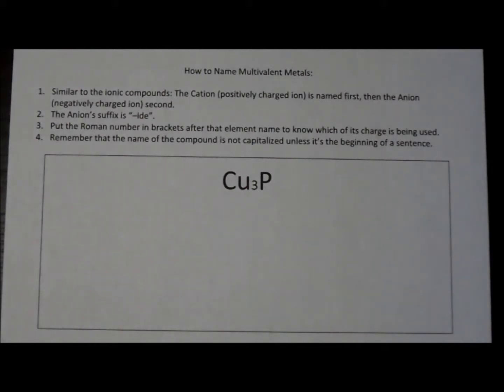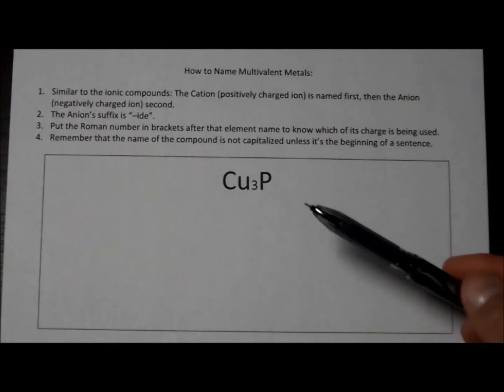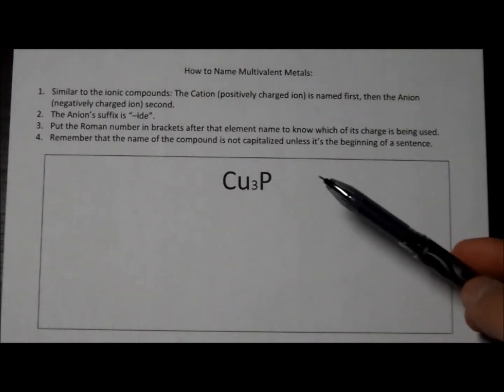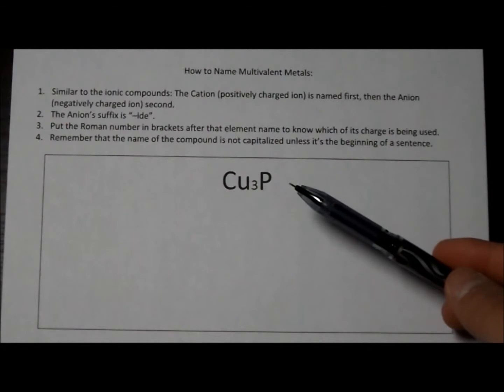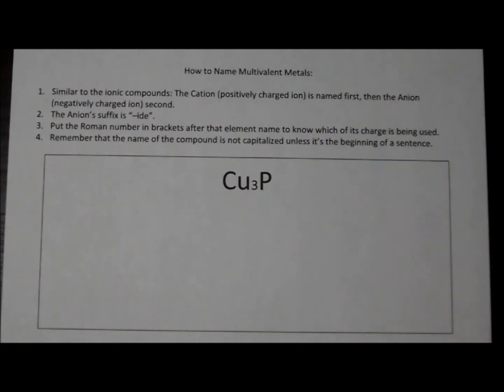It has the charges of +1 and +2. From starting out, it is hard to identify whether or not a cation, so the positively charged element, is a multivalent metal or not. So it's something to practice and to get used to.